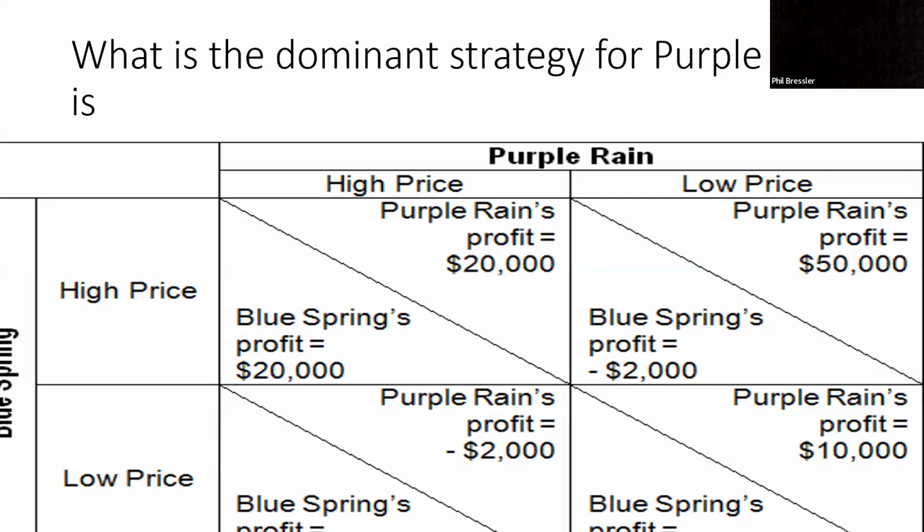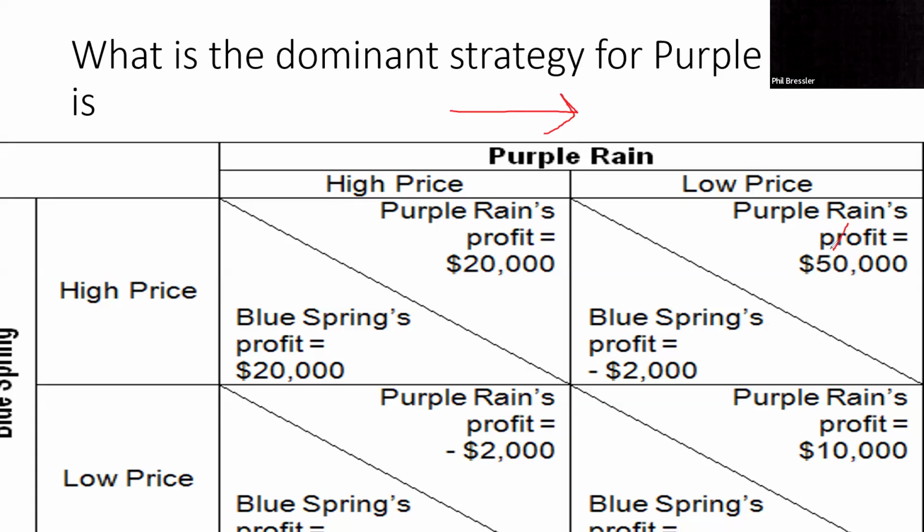Now I'm just going to go through it again as practice, because there are four questions. When I'm looking at Purple Rain, I'm looking across at Purple Rain's profit. I think it's Blue Spring goes high. Purple Rain could go high and make 20 or low and make 50.